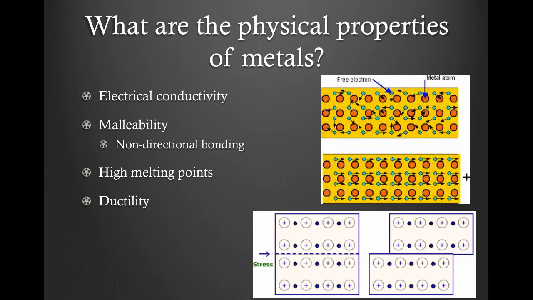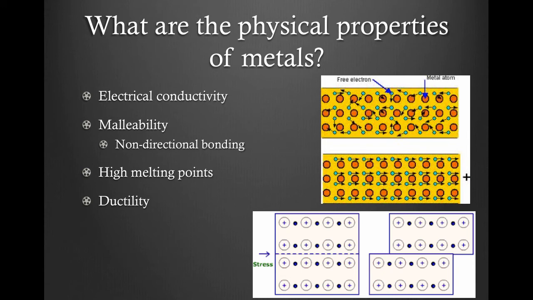Just like an ionic substance, when it's dissolved in water, the ions are able to move about, so they're moving charge, and so they'll conduct electricity in a liquid state or an aqueous state, but they won't conduct electricity in their solid state because there are no moving charges. Well, metals always have moving charges because that's how they're bonded together. So that sea of electrons allows metals to be both electrical conductors and thermal conductors.